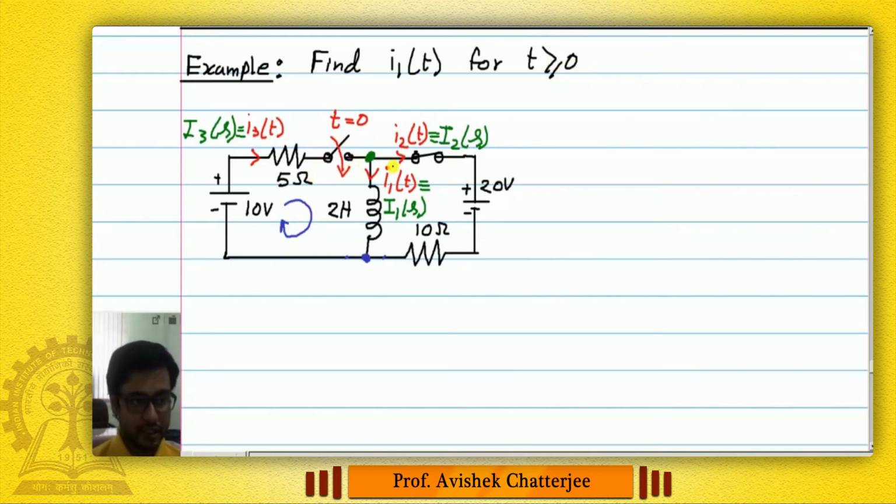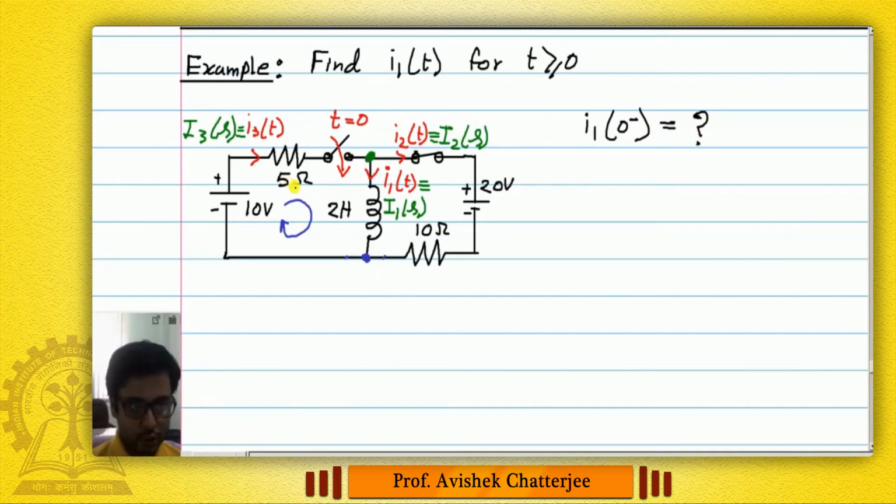Okay, so let us solve it. First of all, what was the value of the current through this inductor before the switch is closed? I1(0-), what is this?